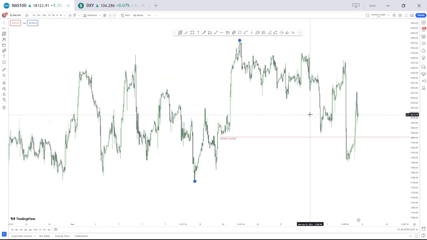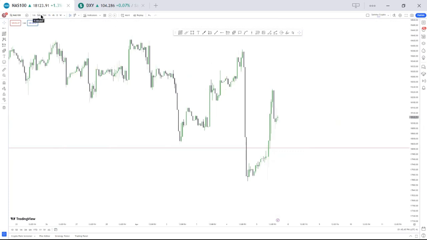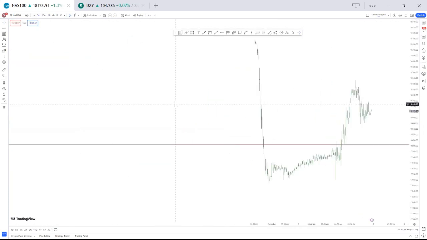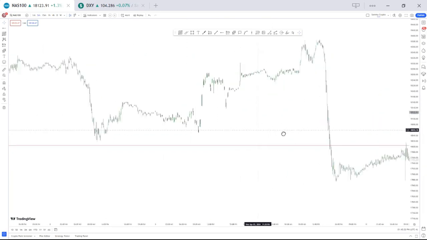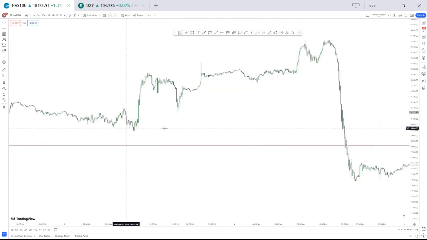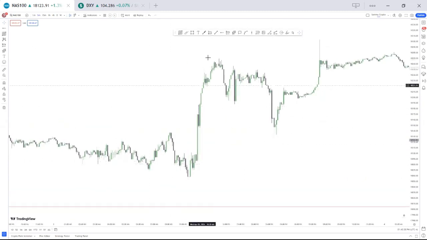Once I'm looking for a buy, all I want to see is what? A displacement and a fair value gap. That's all. I think I got a buy on Wednesday. Let me show you guys. Price raided this low.